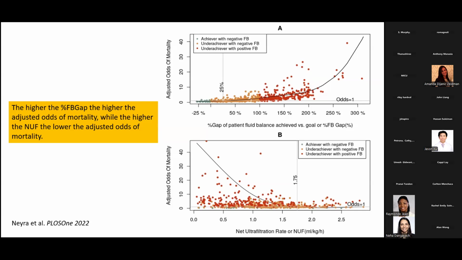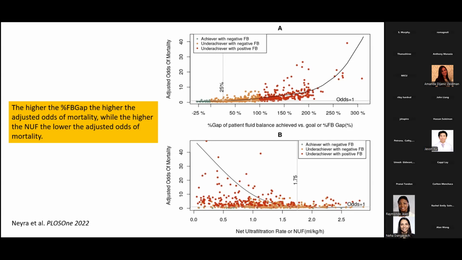Now, on the top of the slide is the relationship between the gap and the mortality rates, with this discrepancy between the fluid balance that the patient achieves and the fluid balance that you are prescribing with your CRRT. And you can see that the higher the gap, the higher the adjusted odds of mortality, right?